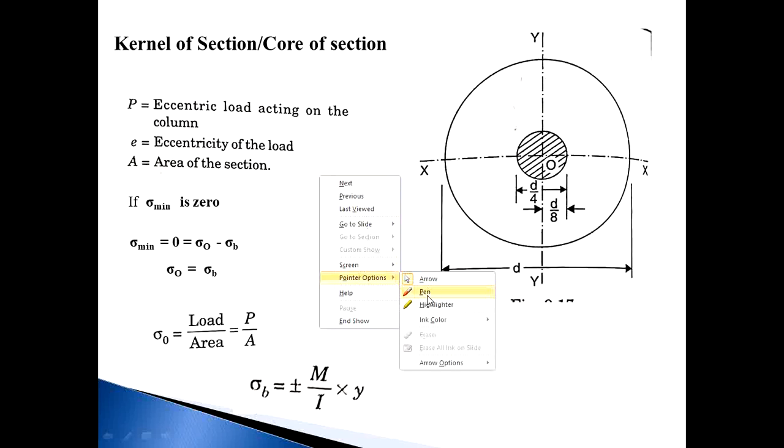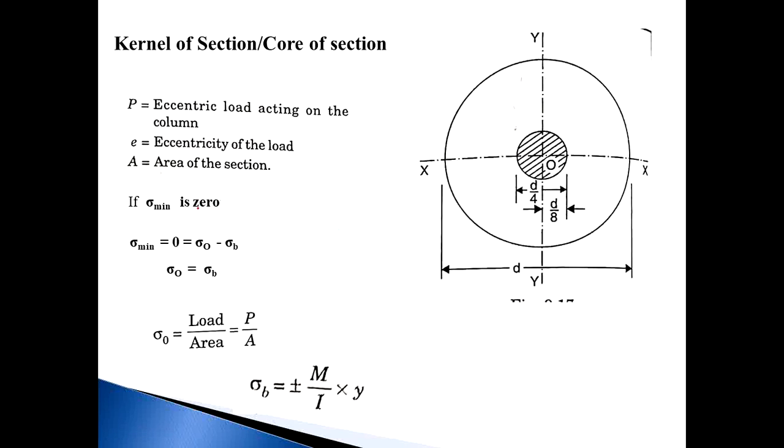Once again, we consider sigma minimum is equal to 0. So sigma minimum is equal to 0, it becomes sigma 0 minus sigma B. So sigma 0 is equal to load upon area, that is P by A, and sigma B is equal to M upon I into Y.